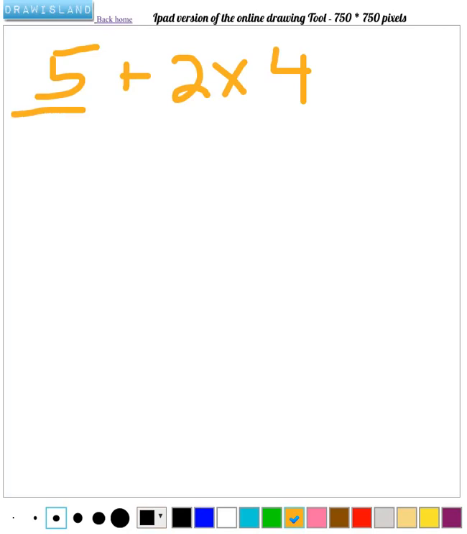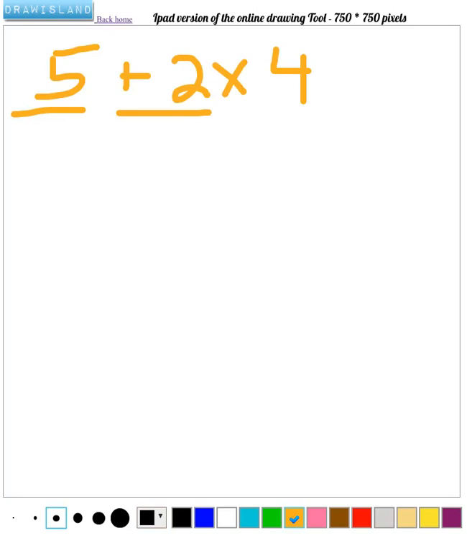Suppose we have 5 plus 2 times 4. Suppose we start by doing 5 plus 2.